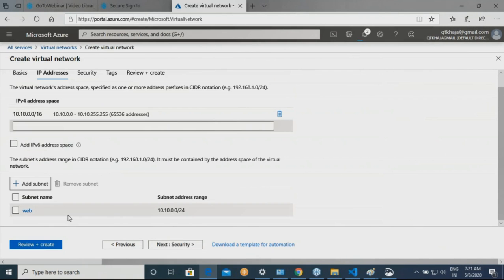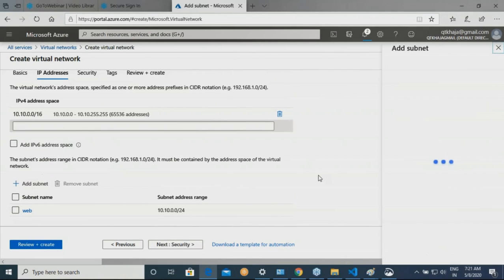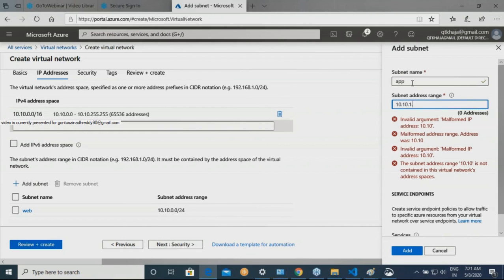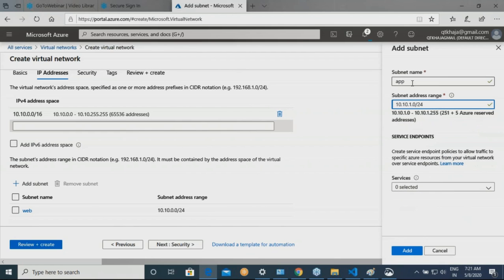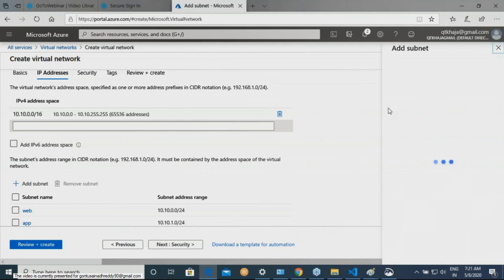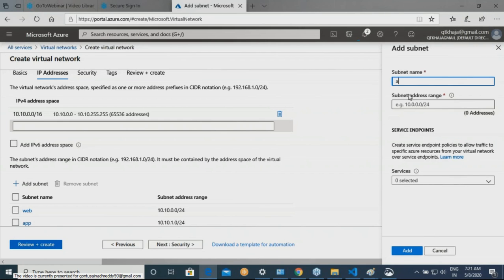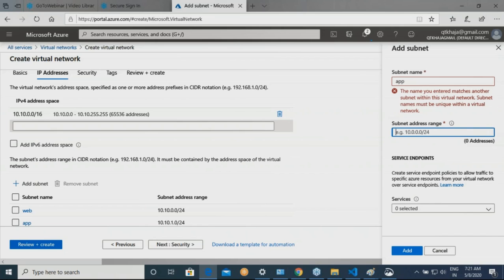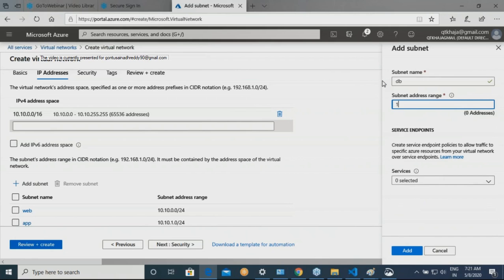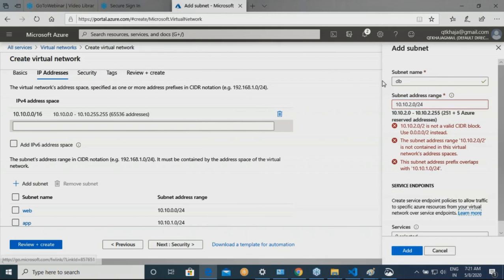Add. Okay, I can add the rest after that also, or I can add it from here also. Choice is yours. Okay, so app subnet, which is 10.10.1.0/24. I'm adding one more subnet, DB, 10.10.2.0/24.